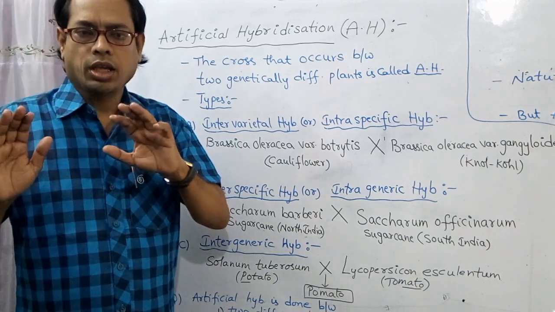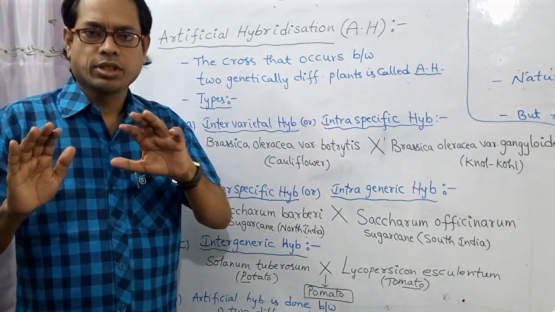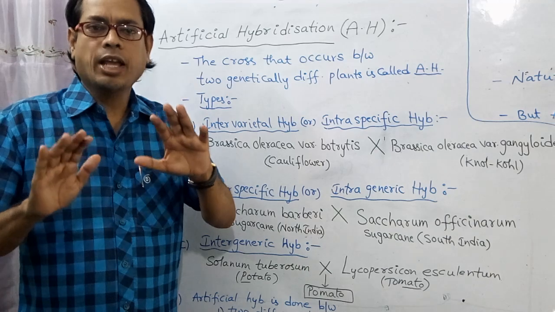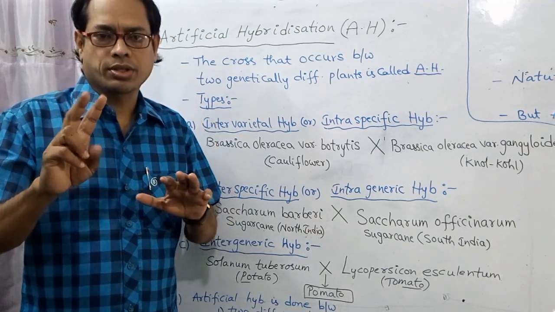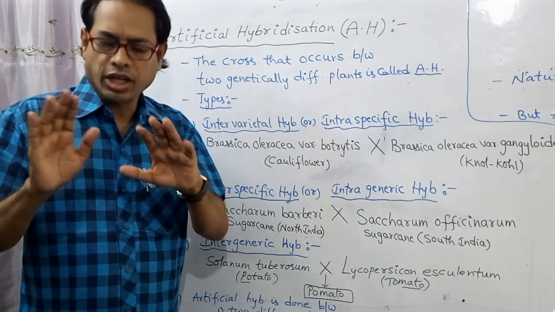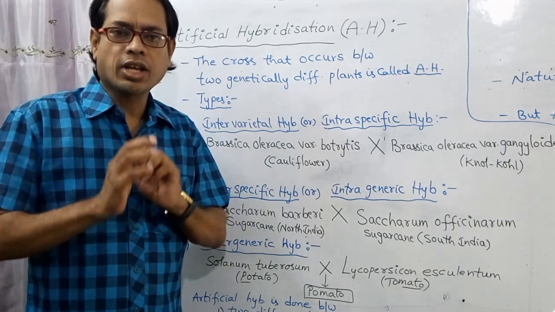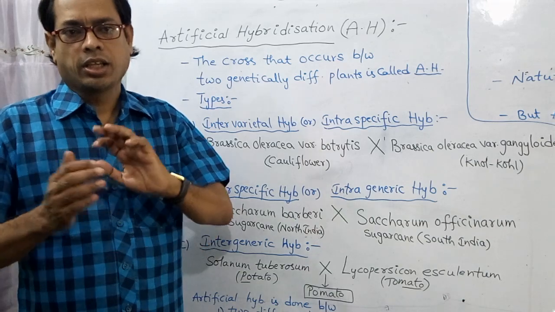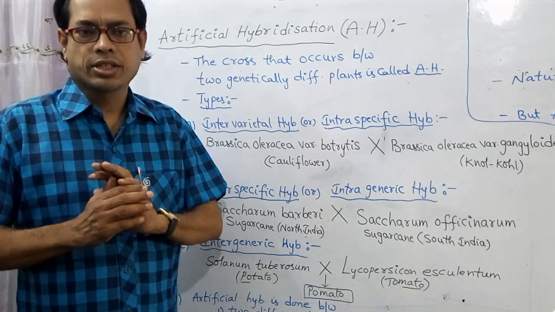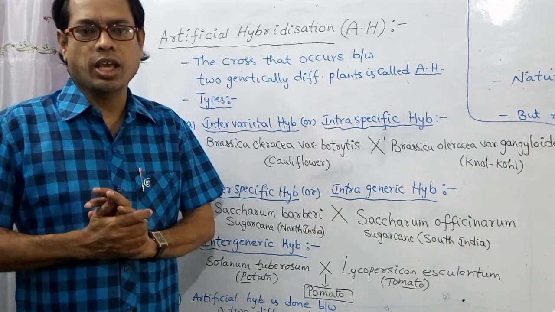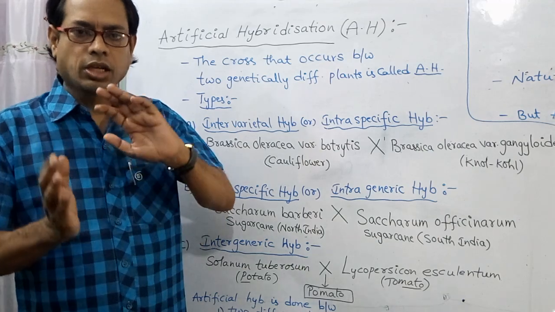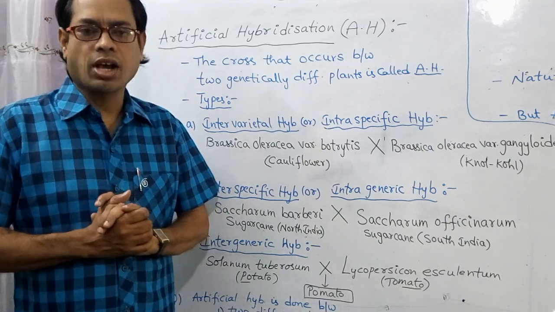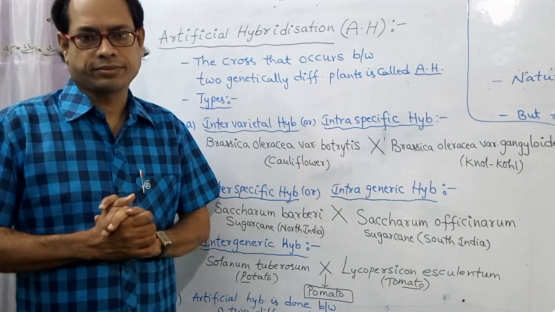In botany, that is botanical names, generally plant names are with two components. First word is called generic name. Second component is called species name or specific epithet. In some plants, a third component is also there. That third component in plants is called variety.